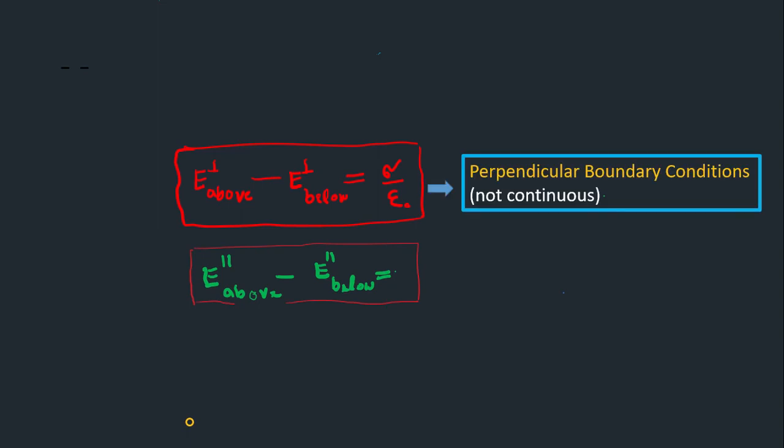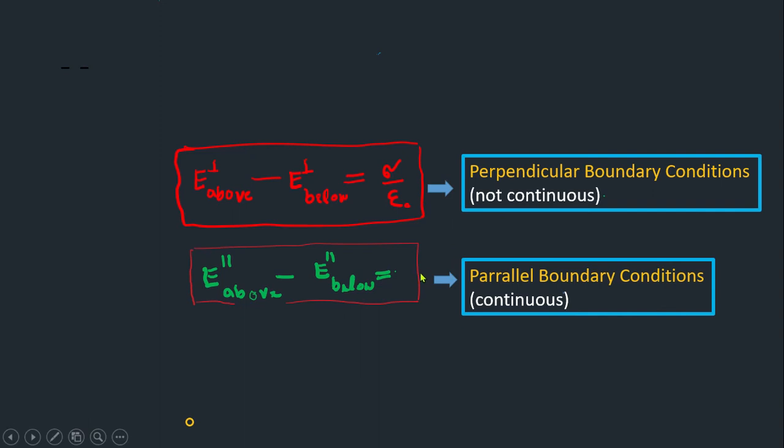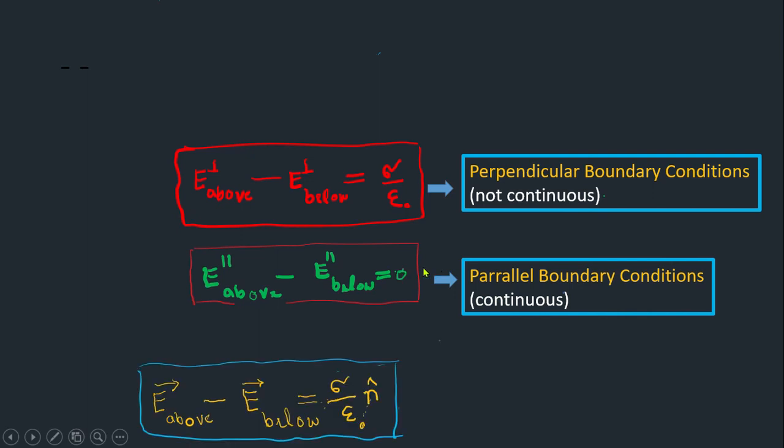Here we summarize the boundary conditions. This is the perpendicular boundary condition, which is not continuous because it is not equal to 0, and this is the parallel boundary condition that we have studied here. This is continuous because it is equal to 0.